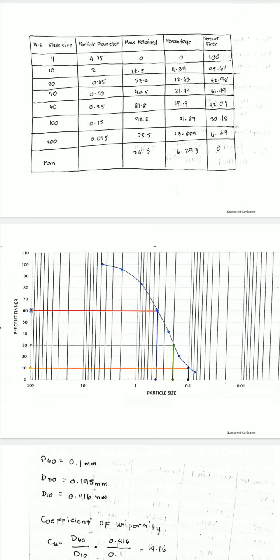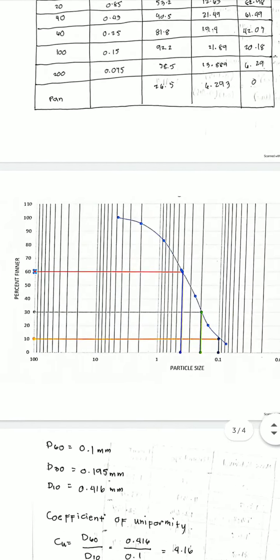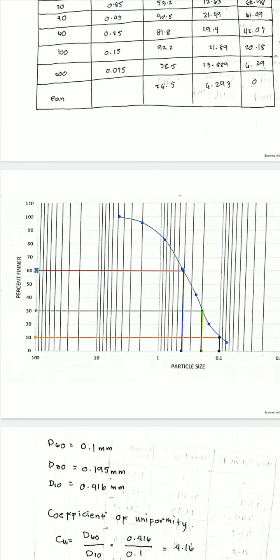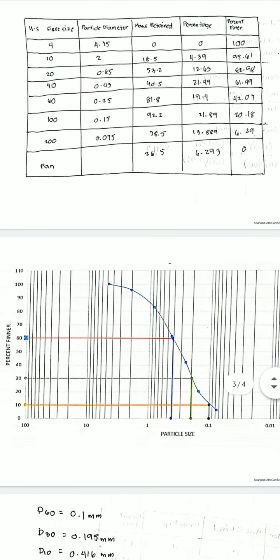This is the graph that I made using Excel. By inputting the percent finer and the particle diameter, the curve is formed.